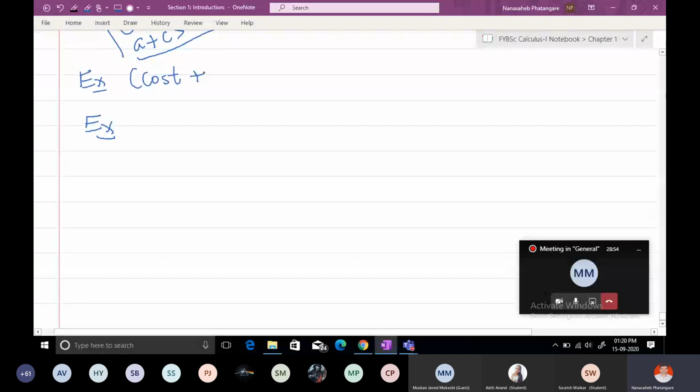(cos t plus i sin t) raised to n. We are expecting that this is cos nt plus i sin nt, right? For every natural number, this we were expecting.